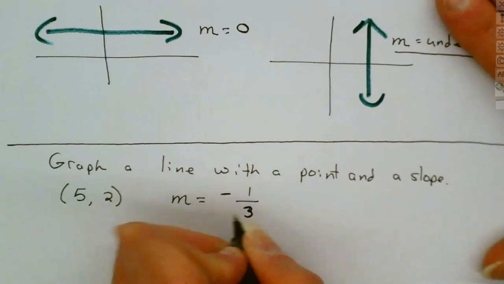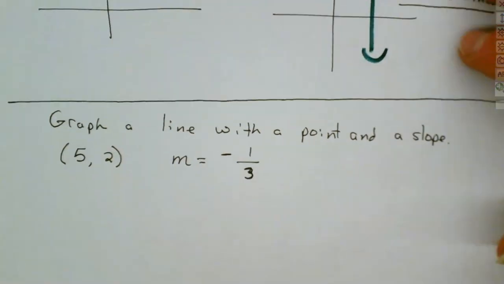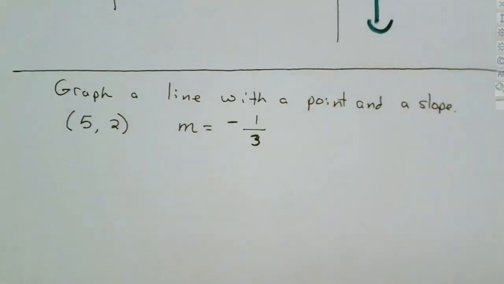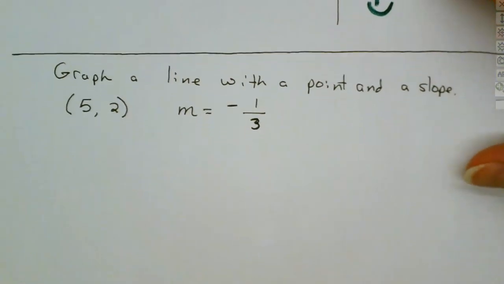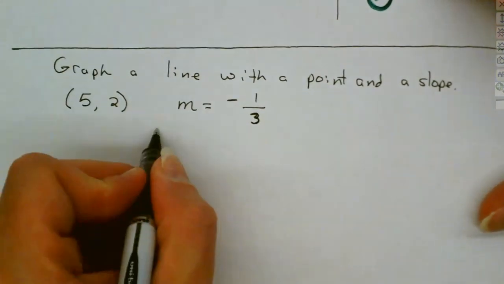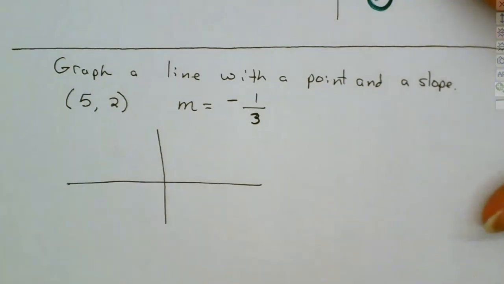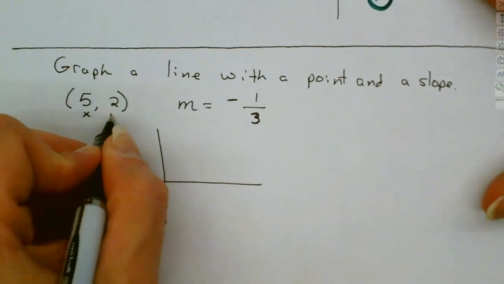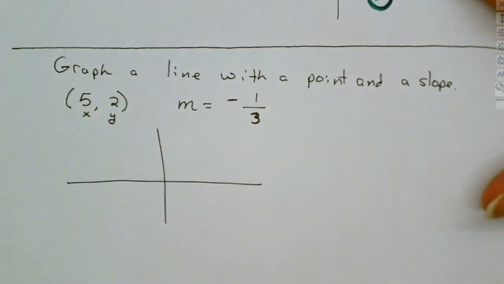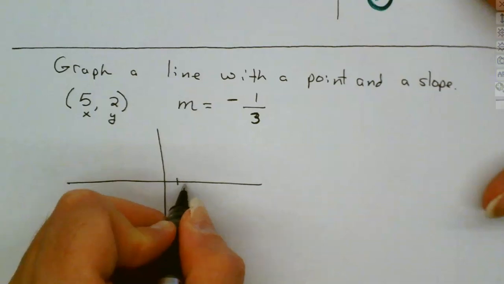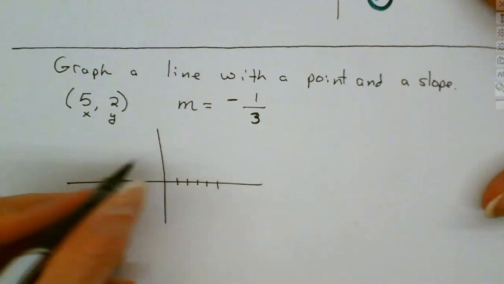So let's see how we would graph this line. Okay, well, first off, we know it's negative on my slope, so it's going to be going down. It's going to be a decreasing function. What we do is we plot our point first. So the first thing we do with these is we locate 5, 2. So 5, 2 would be over 5 and up 2.